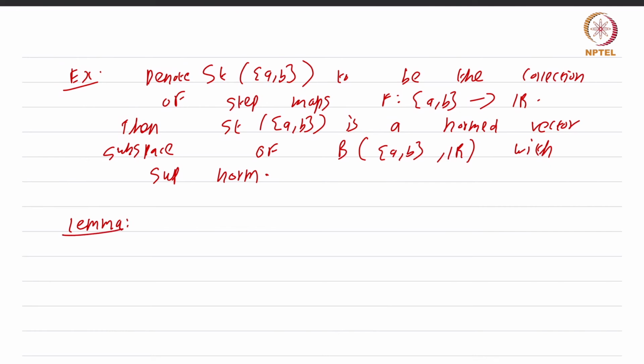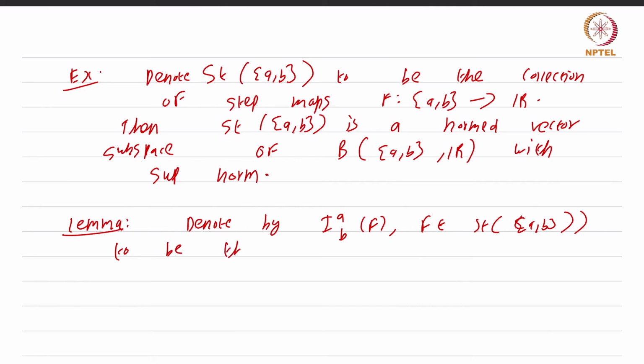So denote by I_ab of f, for f in S_T[a,b], the integral given by star.